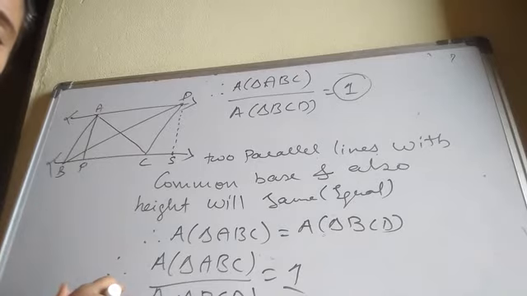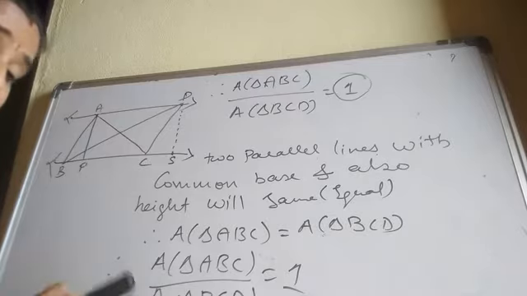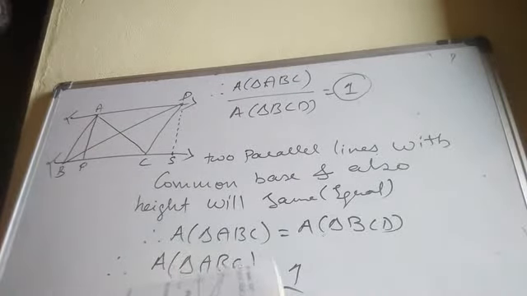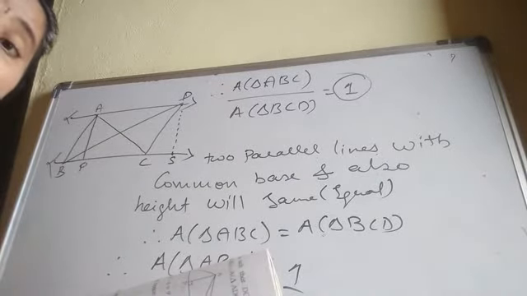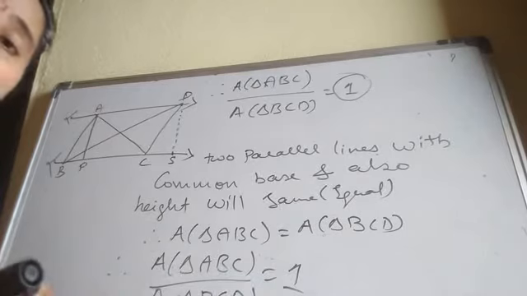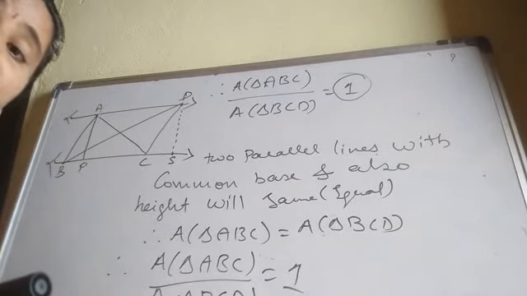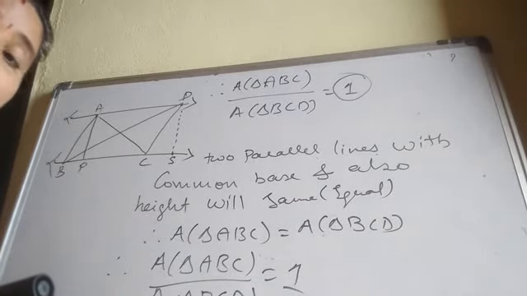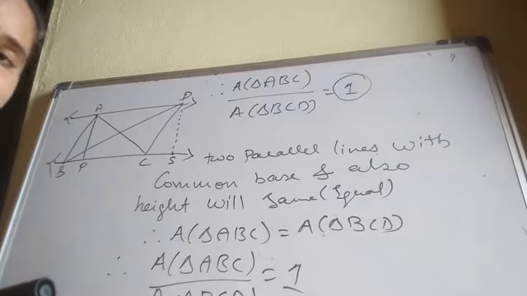When base is common, their heights are also the same or equal. Reason: two parallel lines. If you want, in the textbook the example is also given on page number 4, example 3. Okay, and compulsorily you have to solve the examples also. If you see the examples, you can solve the exercise.